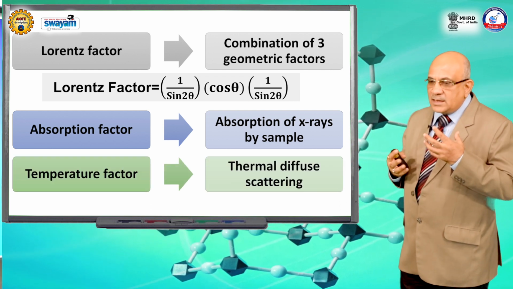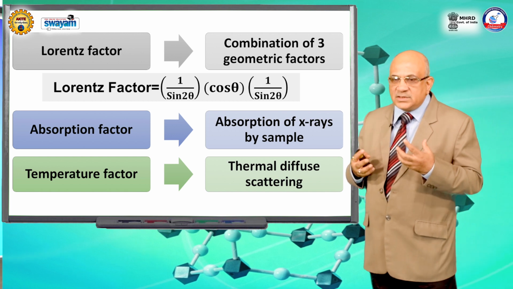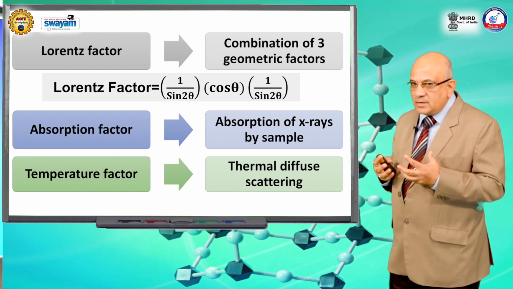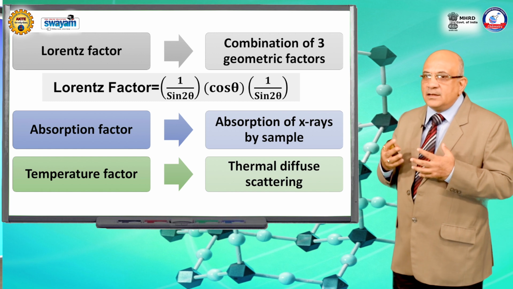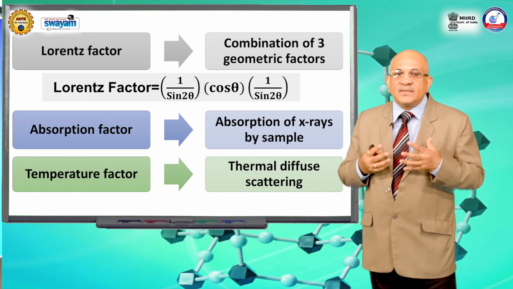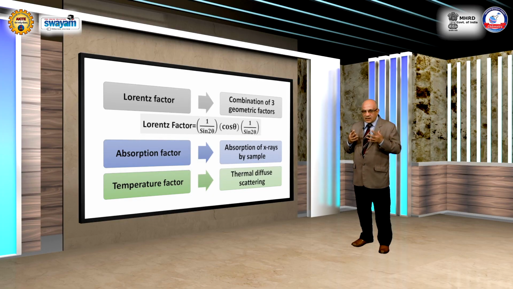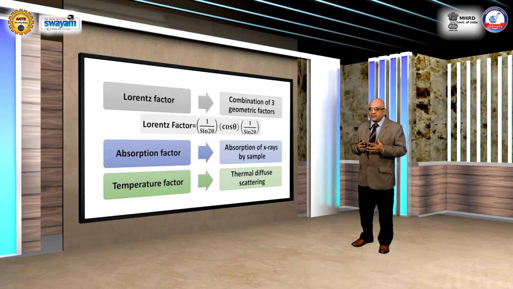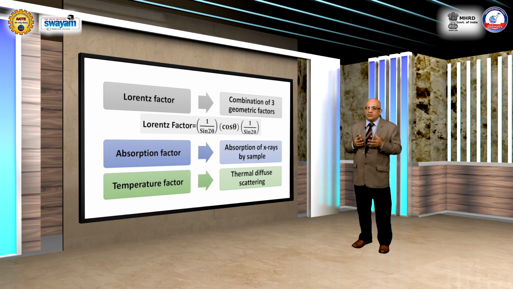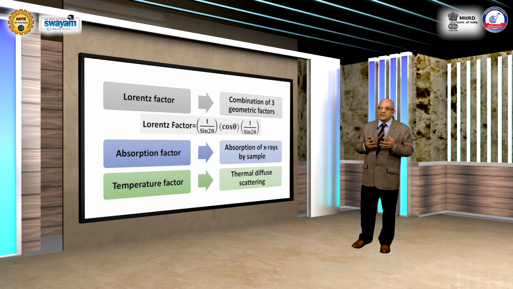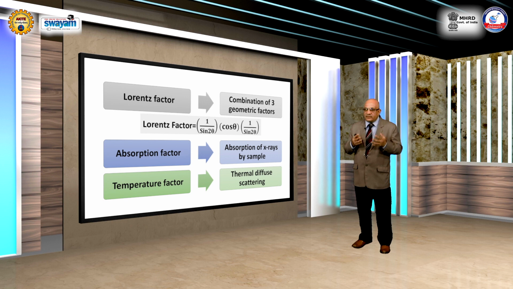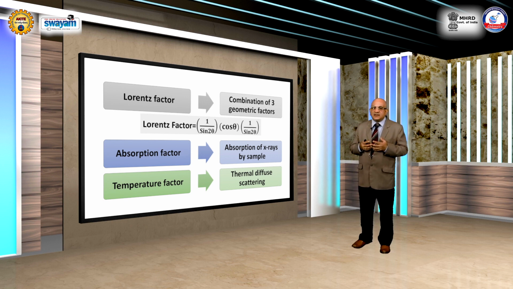That means atoms are not in the same position, they are vibrating about their mean position, and that will cause what is called diffuse scattering. So, these also have to be built in if you are working with the intensity of the X-rays in a diffraction pattern and trying to do a quantitative calculation; then all these factors have to be taken into account.